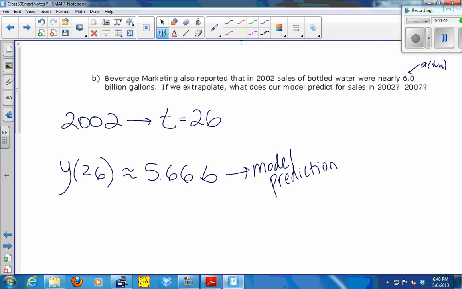Also bad news, right? Because we're predicting 5.66, which is still a huge growth, right? From $250 million to over 5 billion in 26 years. But we actually grew more than that. We actually sold more bottles of water than we predicted using the 12% growth rate.